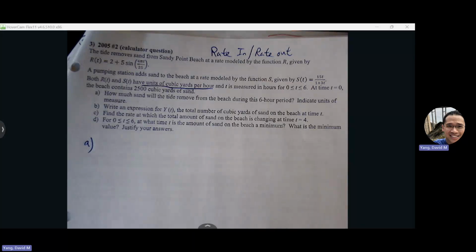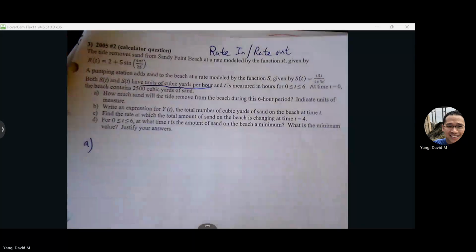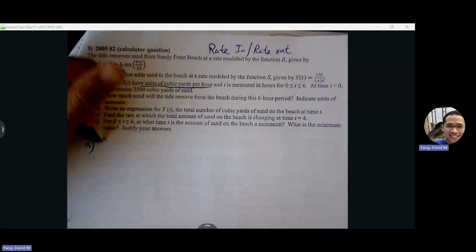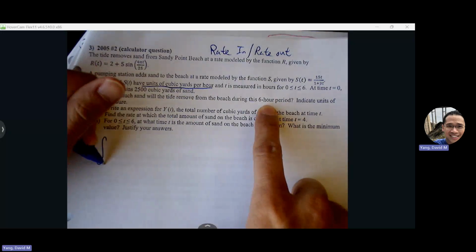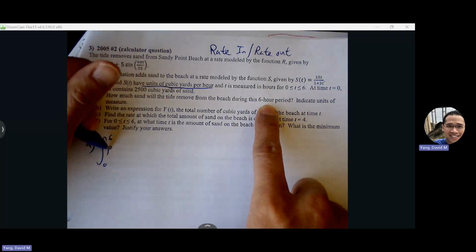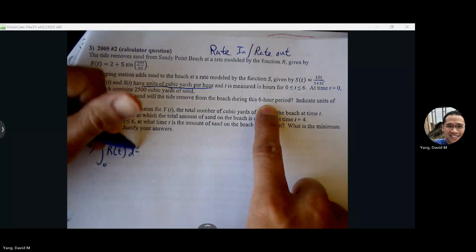Okay, so we know we're involving integral. So how much sand is being removed? So over the 6-hour period, so the integral from 0 to 6 of R of t dt.